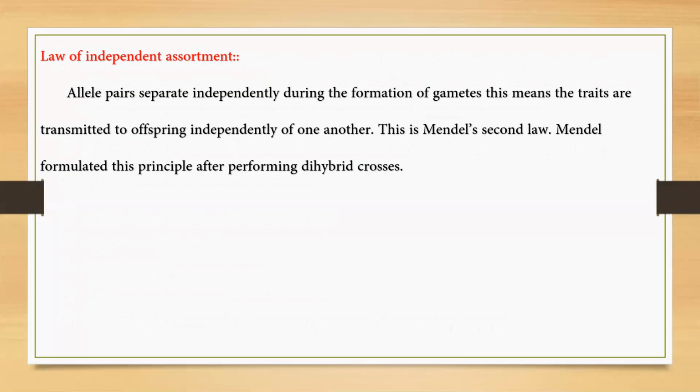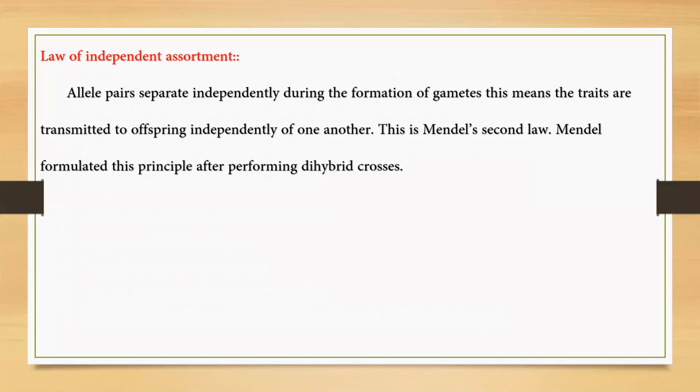While performing this dihybrid cross, Mendel explained the third postulate, called the law of independent assortment. What is the meaning of the law of independent assortment? Allele pairs separate independently during the formation of gametes, and these are transmitted to offspring independently of one another.